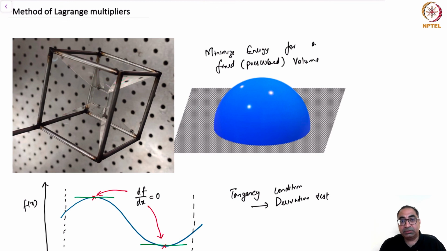We then define a new function like a Lagrangian functional, which is related to the total energy and the volume through this Lagrange multiplier. So we just have something like E minus lambda times V, where V is the volume and E is the energy.